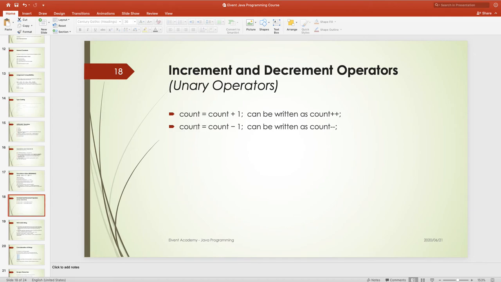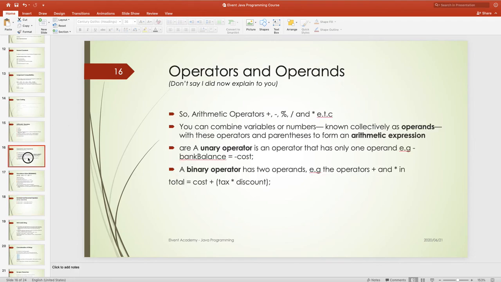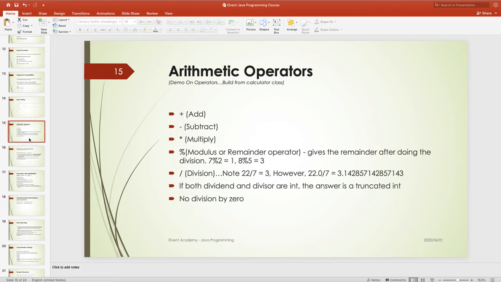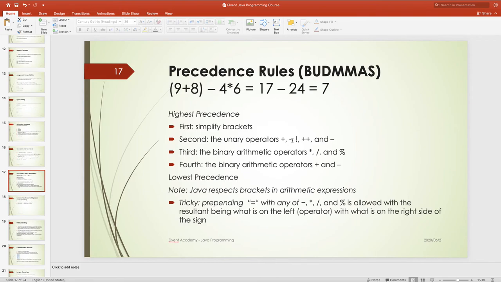Instead of writing count is equal to count minus 1, you can just write it as count minus minus, which becomes this example that I gave you in the precedence rule. Yeah, they are unary operators, plus plus and minus minus, as I showed you here.